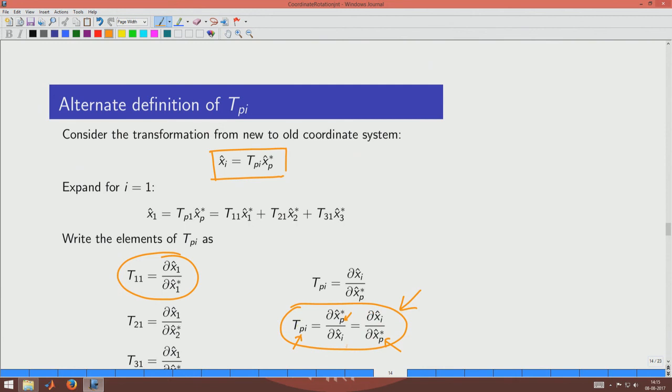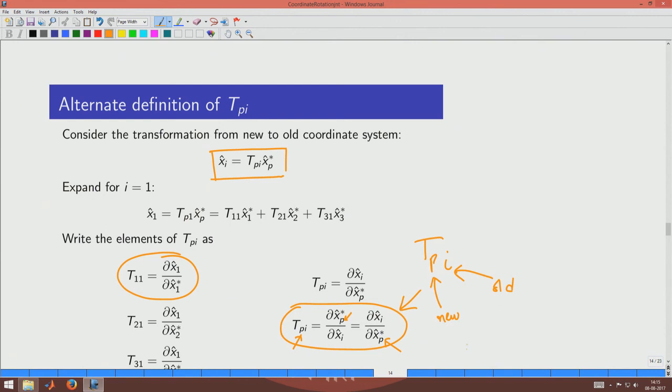So, it does not matter how you remember the expression of T, you just differentiate old in terms of the new coordinate system or vice versa, and as long as you remember the position of the indices, the first position in TPI, we remember that the first index corresponds to the new, the second index corresponds to the old coordinate system, then the expression is going to be correct. So, if we make a swap here, then we will have a transpose of those matrices coming out. So, we should watch out for that.